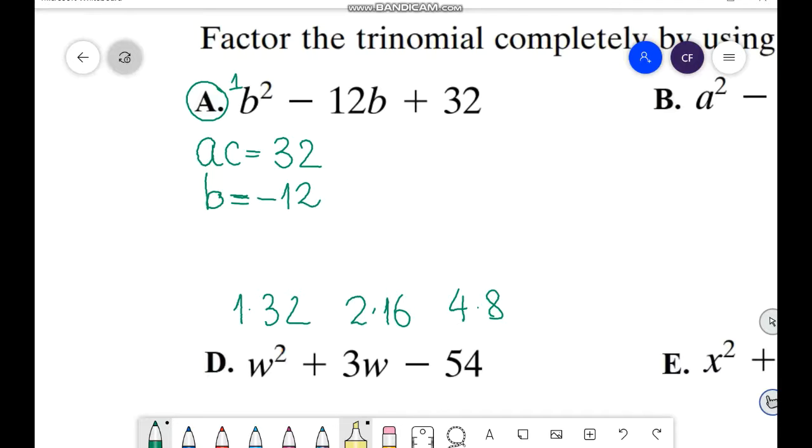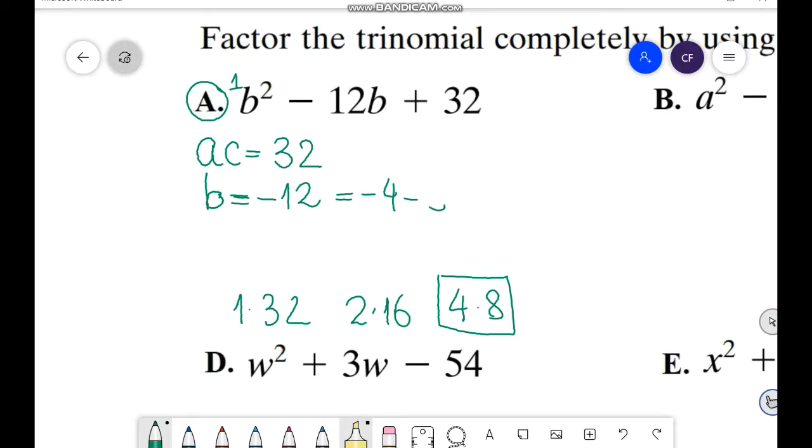Those are the factors that can be multiplied to make 32. Think about the combination. Can you work with one of these pairs that will add to negative 12? The one that adds to negative 12 is going to be 4 and 8.